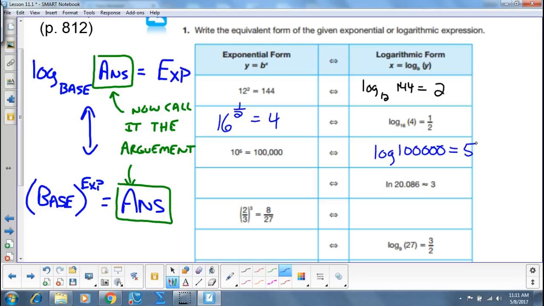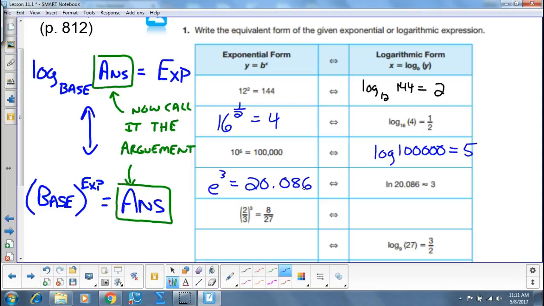Next one. Somebody that hasn't said anything yet? What you got, Brett? E to the 3rd power equals 20.086. Yeah.